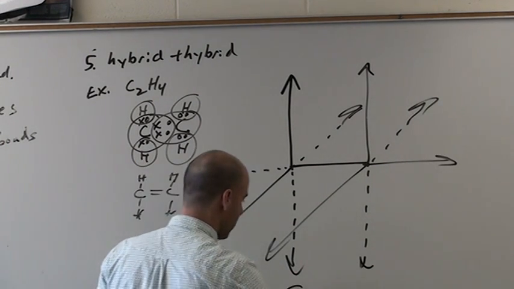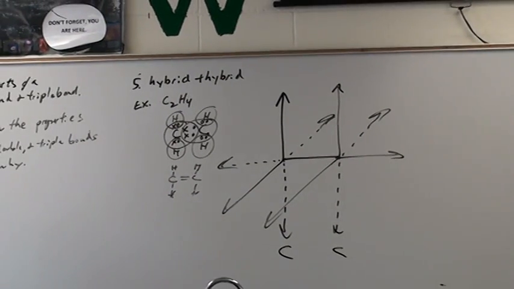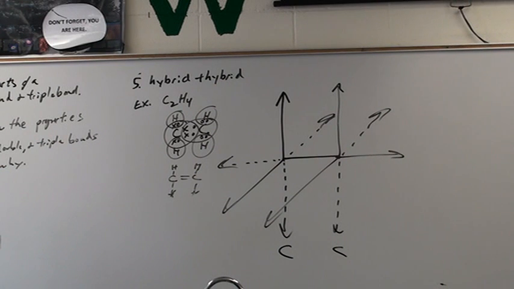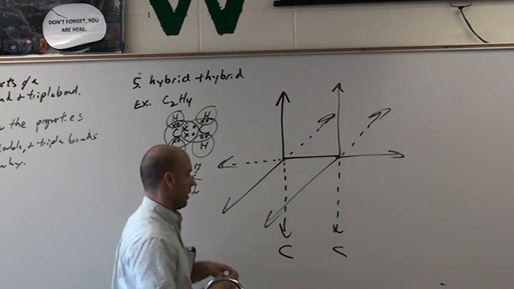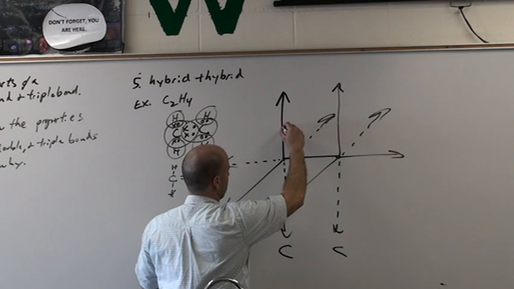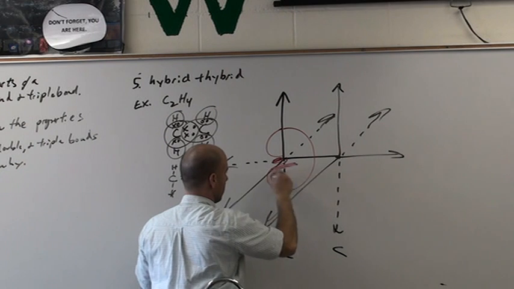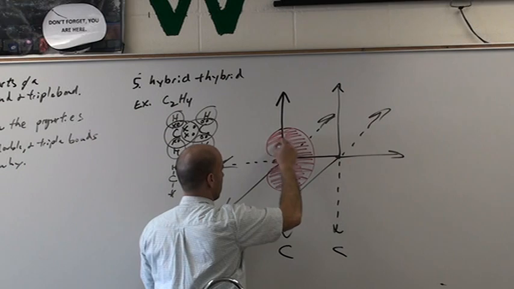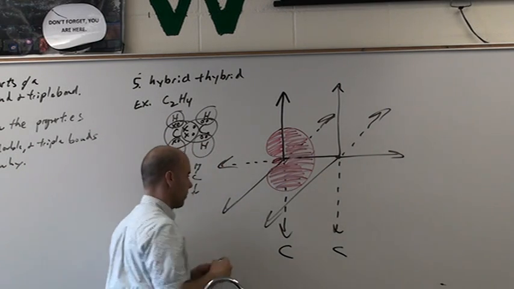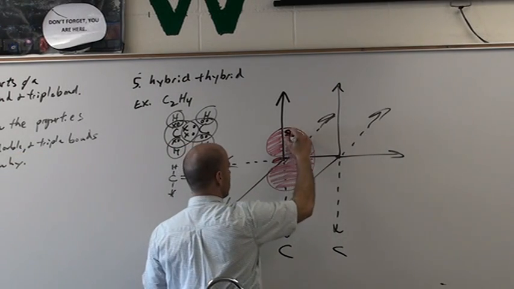One carbon is here, 1 carbon is there. And each of them has 3 kidney beans around it. 1 kidney bean is going this way. And that kidney bean is sp2 hybridization.